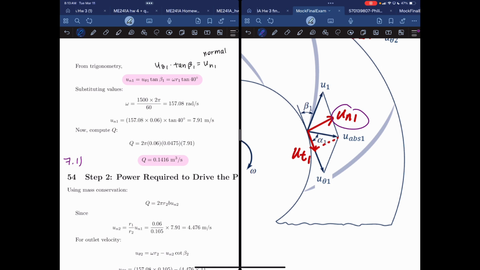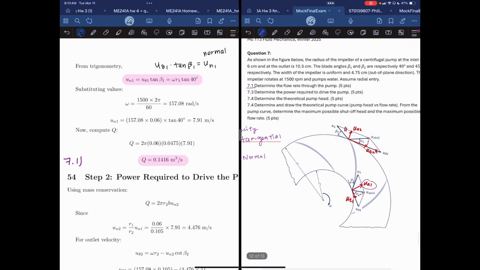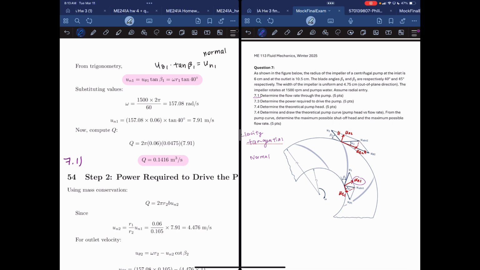Okay, I'll keep going. Okay. So what if, instead of assuming radial entry, we say assume tangential velocity, then it's tangential instead. If it says assume tangential entry, then it would be UT, and then we would just do that.